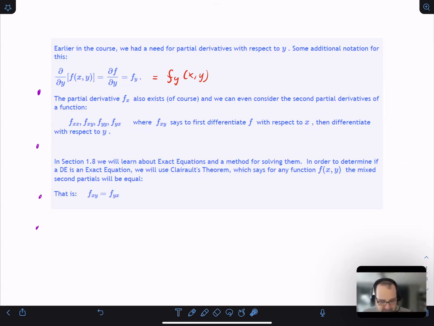But you can also do things like f sub xy, f sub yy, f sub yx. So the order matters here, yes. They are not necessarily the same, at least from what we've talked about so far. So something like f sub xy says first differentiate with respect to x and then with respect to y.